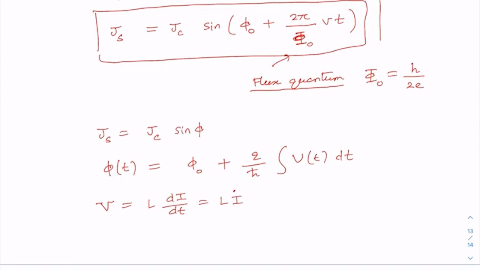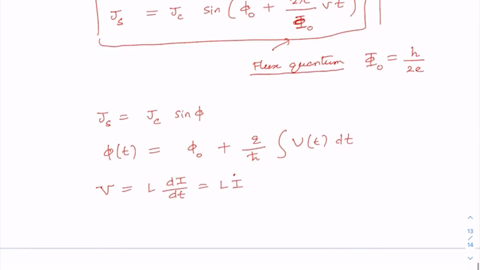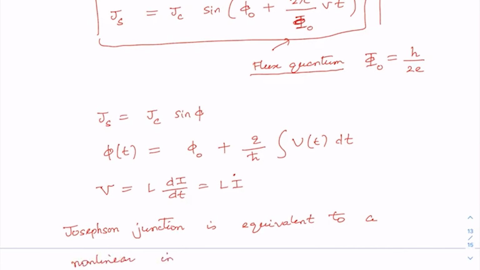Now from here we can deduce that the Josephson junction is equivalent to a nonlinear inductor.